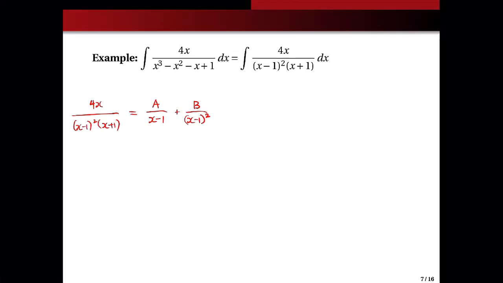That's for the factor x minus 1. So you write all the powers of x minus 1. And then for this factor, of course, you will still have c over x plus 1. Follow?